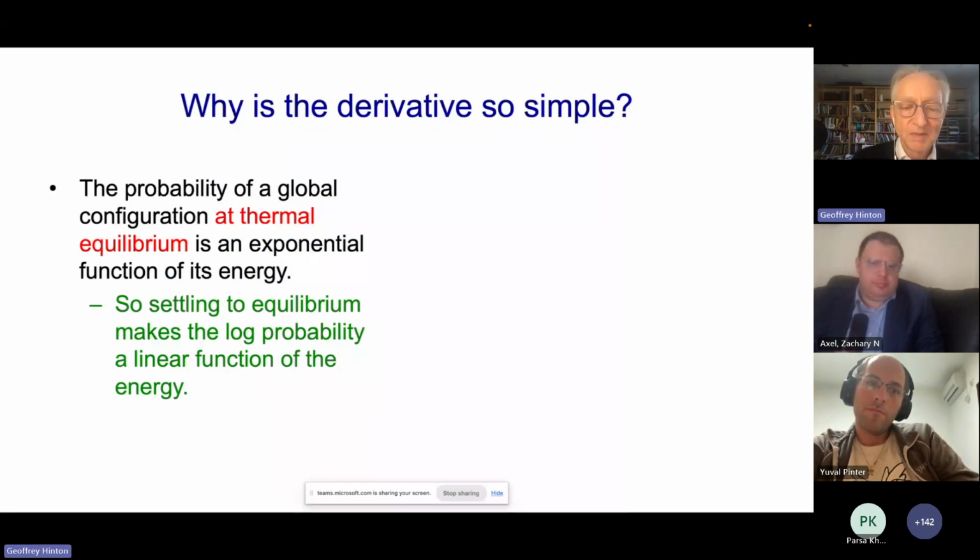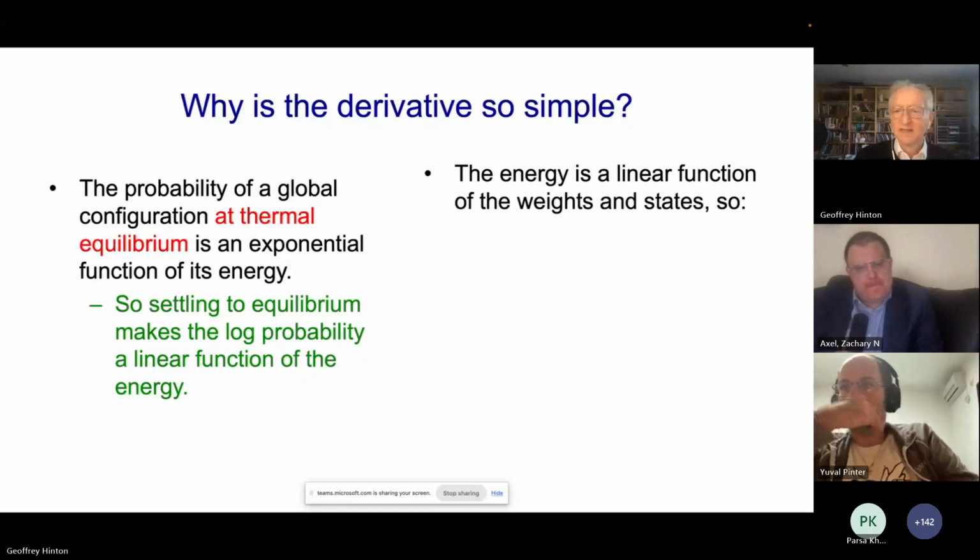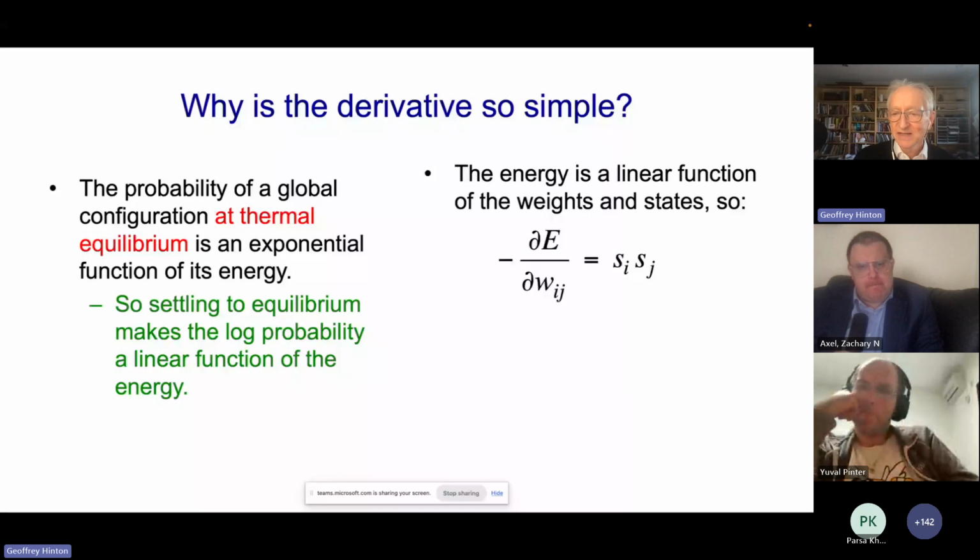To put it another way, the probability is e to the minus the energy. So take logs, the log probability is linear in the energy. And the energy is a linear function of the weights. So if you take the energy, which is SiSjWij, and you differentiate with respect to Wij, you just get SiSj. So the derivative of the energy with respect to a weight is this SiSj.